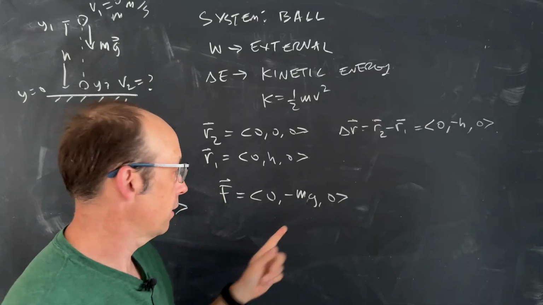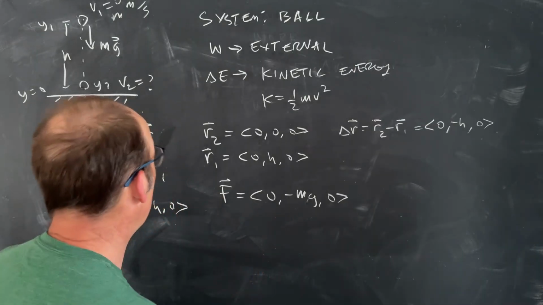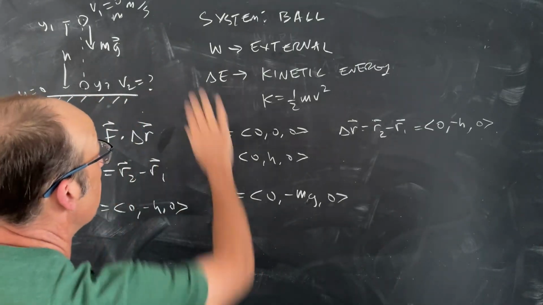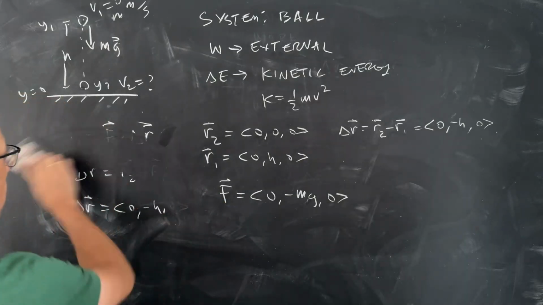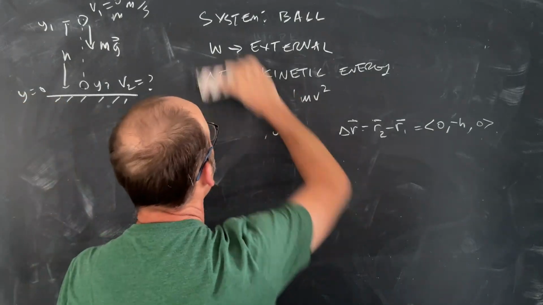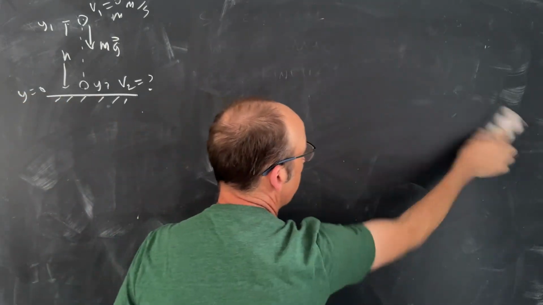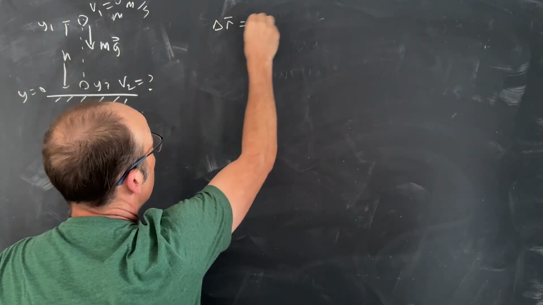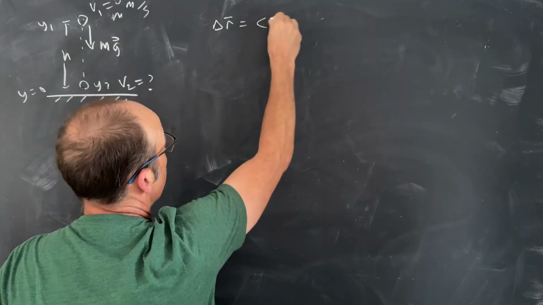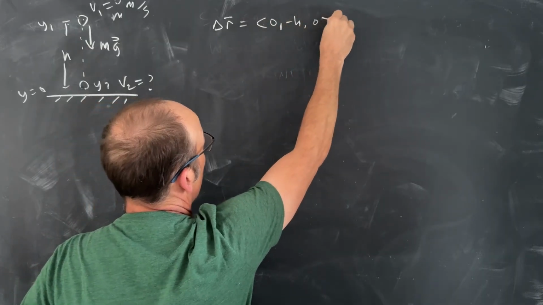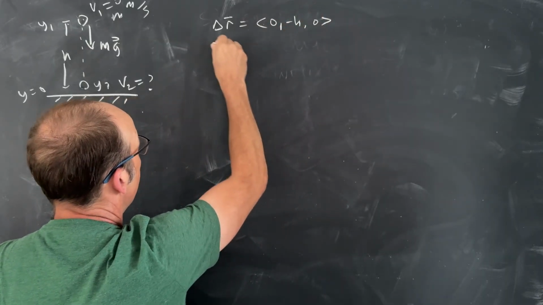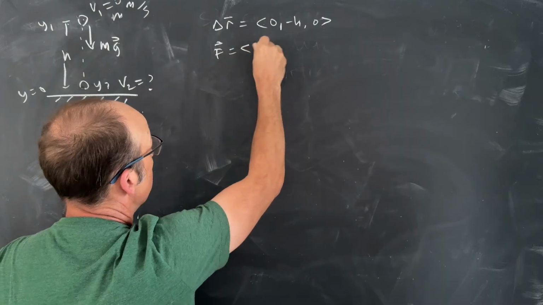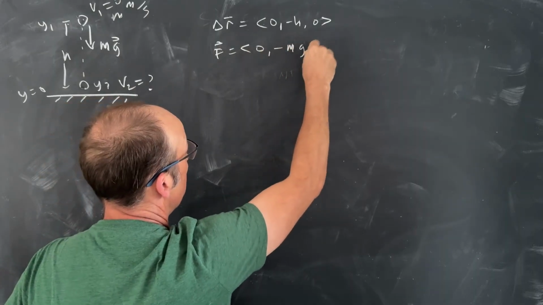That's why that's negative. So now I have those two things. I'm going to erase this stuff and just write what I need. So delta R is 0, negative h, 0, and F is 0, negative mg, 0.